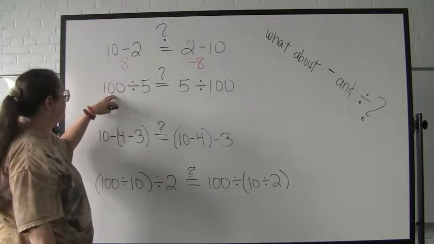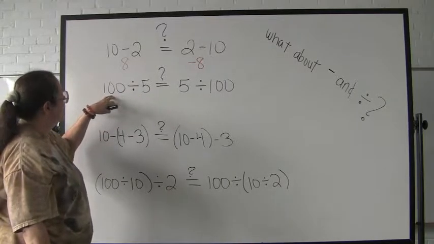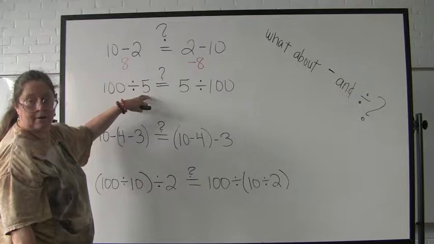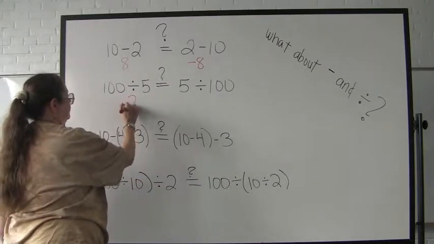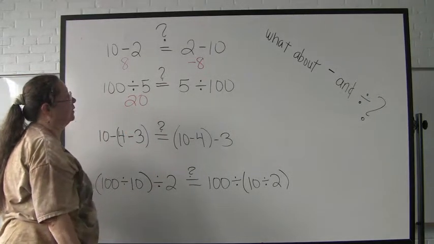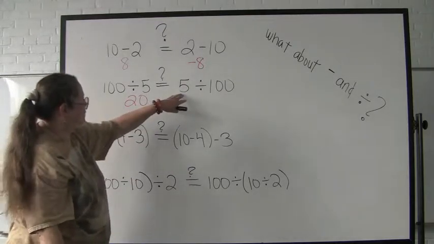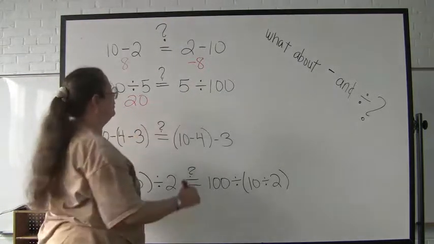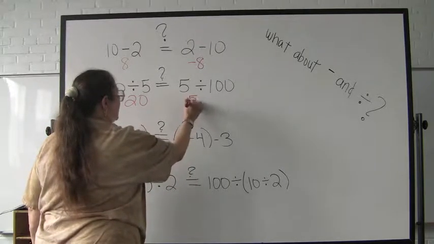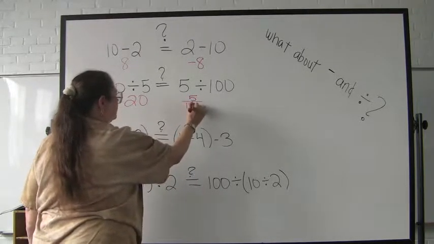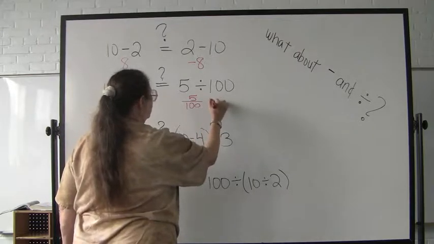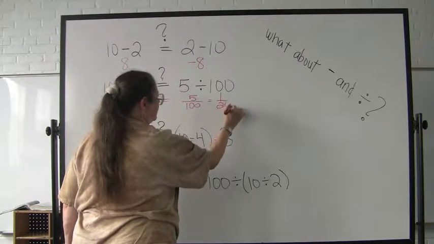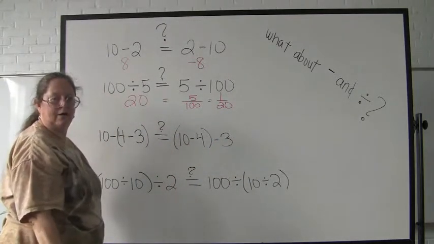Well, if we had 100, we divided it by 5. $100, divided it into 5 piles, 5 people got an equal amount, they'd get $20 each. Okay? If we had $5 and we were trying to divide it among 100 people, though, each person would get 5 over 100, okay, or 1/20th of $1.